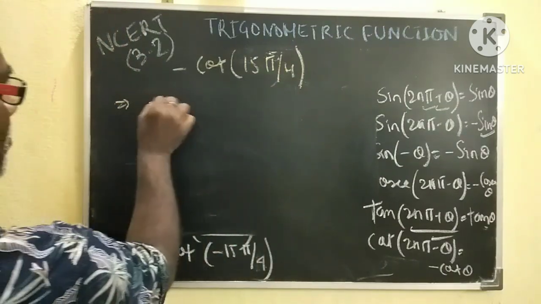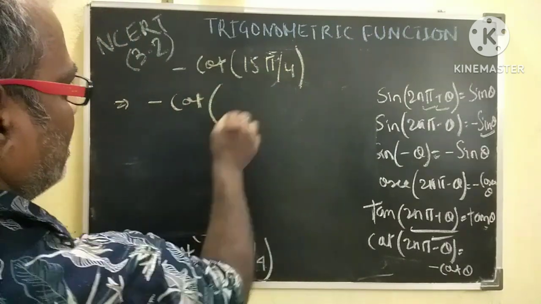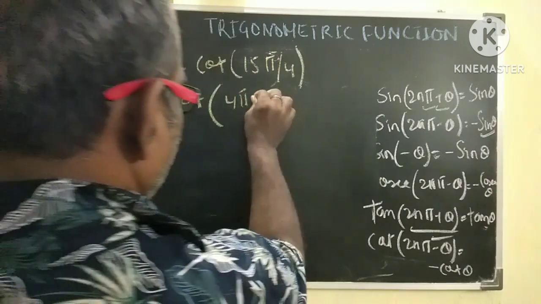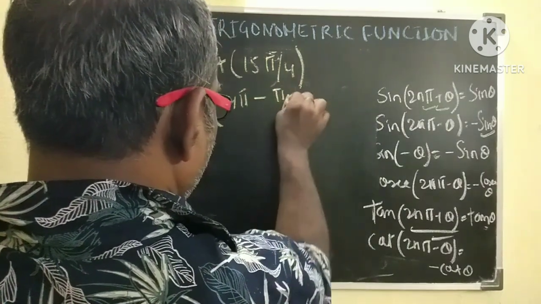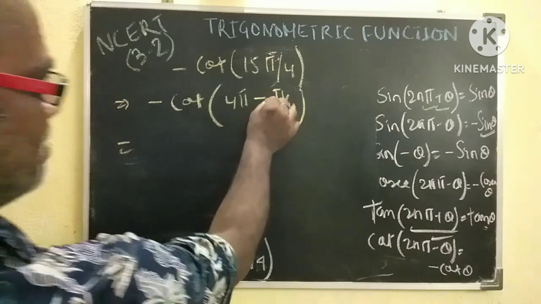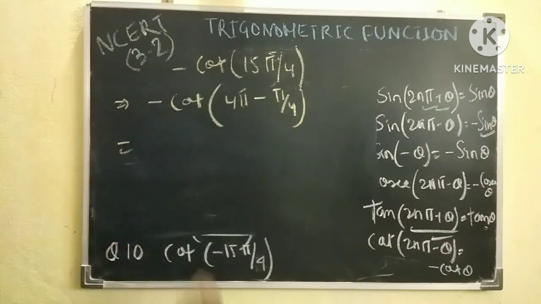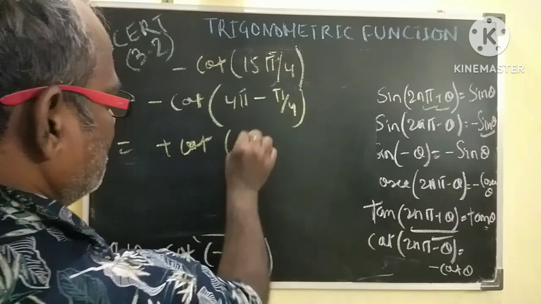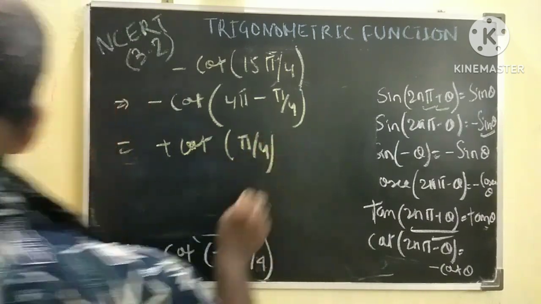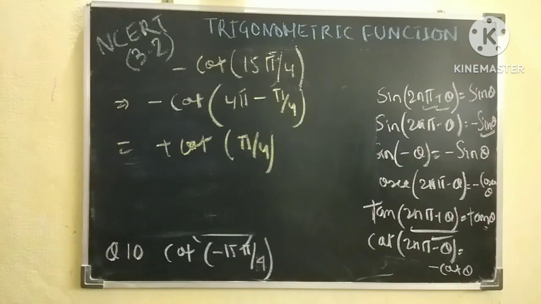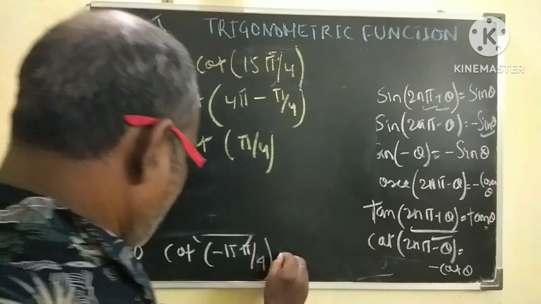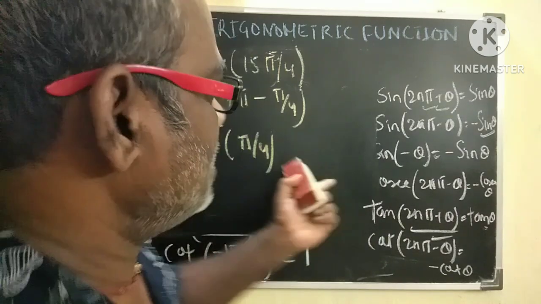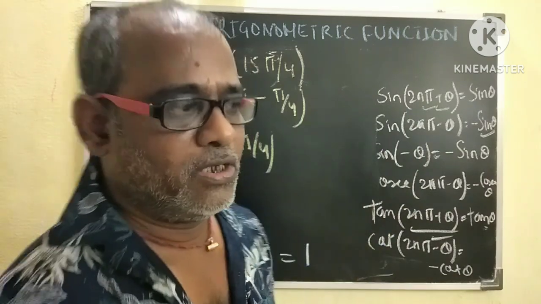This can be written as minus cot of 4 pi, 4 4 is 16, minus pi by 4. So again here the minus sign is here, so we get plus cot pi by 4. And the value of cot pi by 4 is nothing but 1. So our answer is 1. In this way, exercise 3.2 has been completed from your NCERT book.